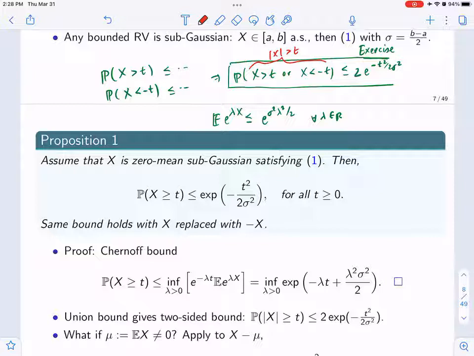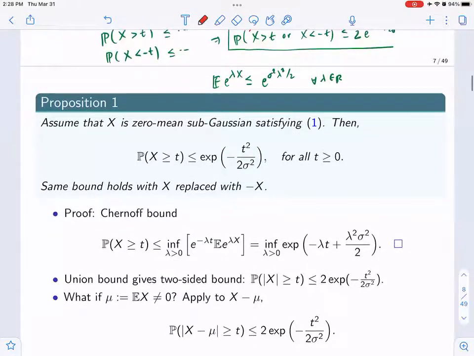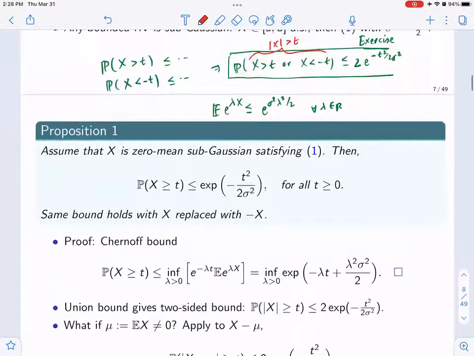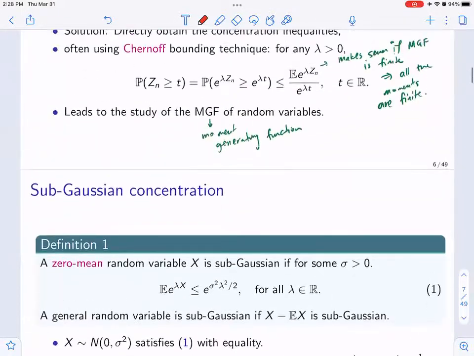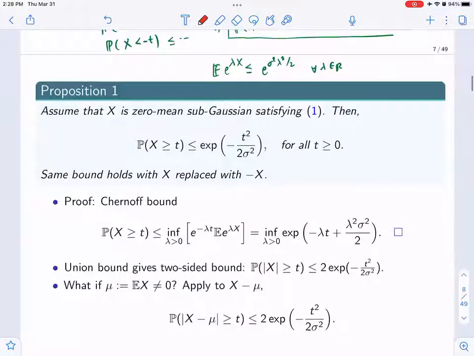So we're going to try to prove this, and proving this is almost done. We have a bound here already. Let me rewrite it.